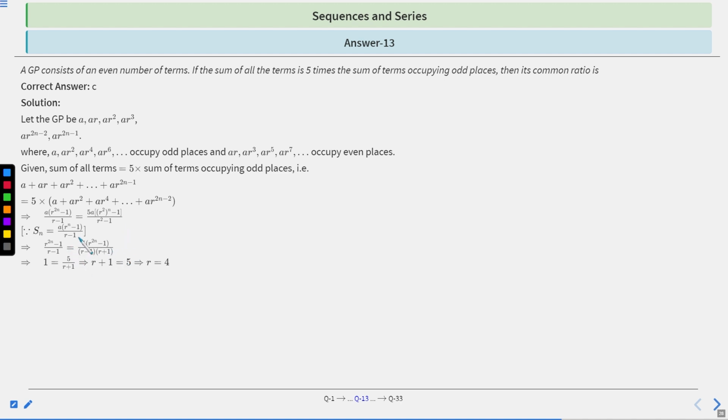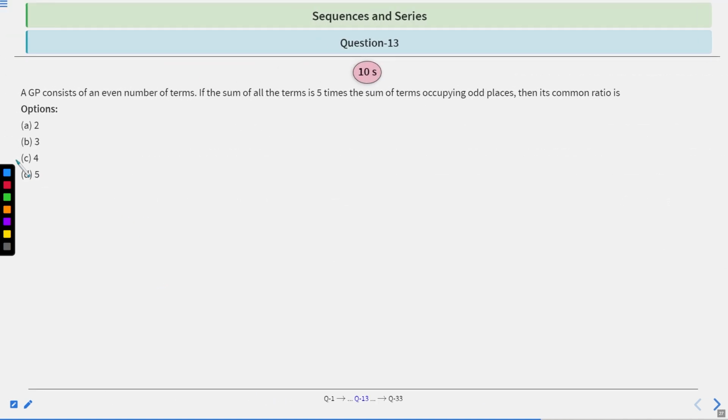So Sn is A into R to the power n minus 1 upon R minus 1. After solving this, we will get R as 4. So option C is the right choice.